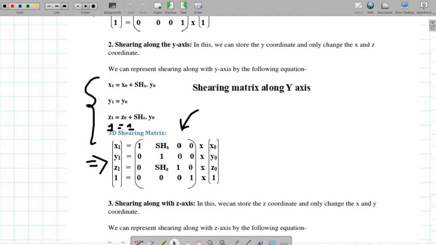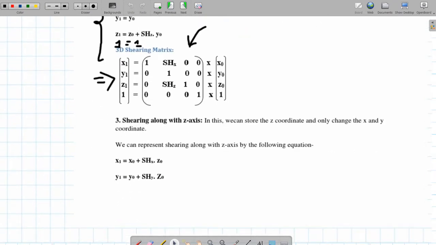Now the third portion is shearing along z-axis. Now when you apply shearing transformation along z-axis, what happens? Like the previous two instances, there will be no change in z coordinate value.